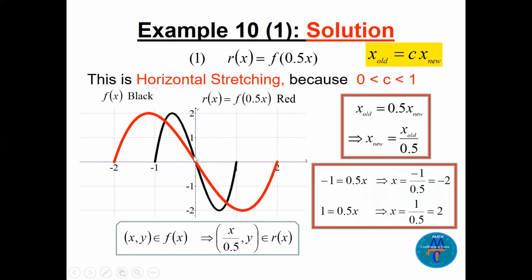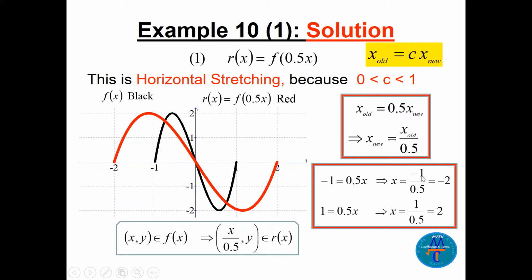Let's take 1 or minus 1 also. 1 is x old, equal to 0.5 times the x, because we multiplied x by 0.5. So x will be 1 over 0.5. The new x will be 2. That's why from 1 to 2, the graph is stretched and bigger horizontally. And minus 1 is the old. Just remember that one, x old, minus 1, c, whatever the c is. Now in the next example, it will be c equal to 3. This one is 0.5. It can be 7 or 2.